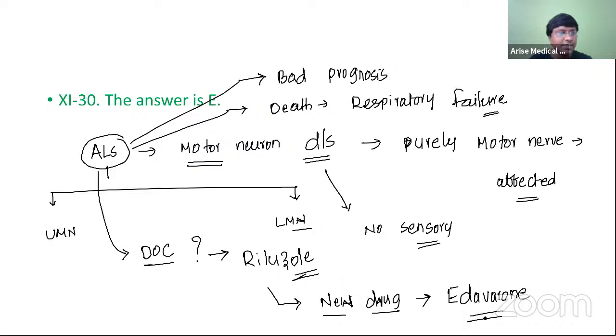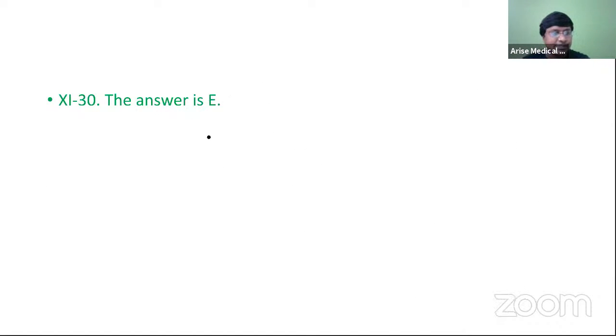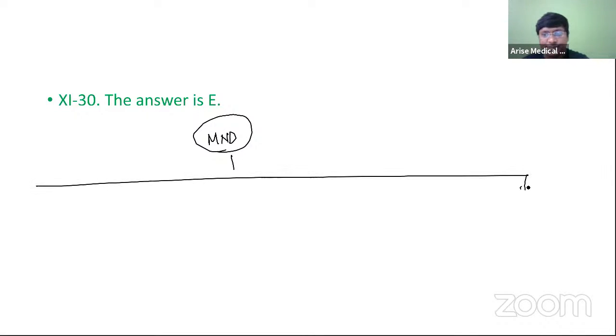Right. So now motor neuron disease means you don't have only UMN LMN lesion. Let me tell you the motor neuron diseases of various types. You have motor neuron disease where there is involvement of both upper motor neuron and lower motor neuron, the diagnosis is amyotrophic lateral sclerosis.